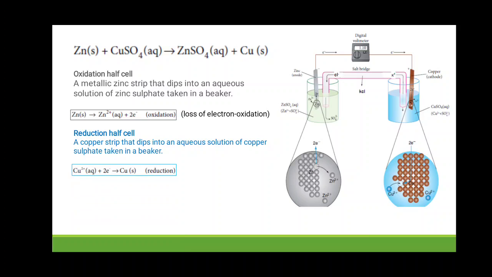Now between the two half cells, a salt bridge is connected. The salt bridge consists of potassium chloride or sodium sulfate. Here we have taken potassium chloride, KCl.